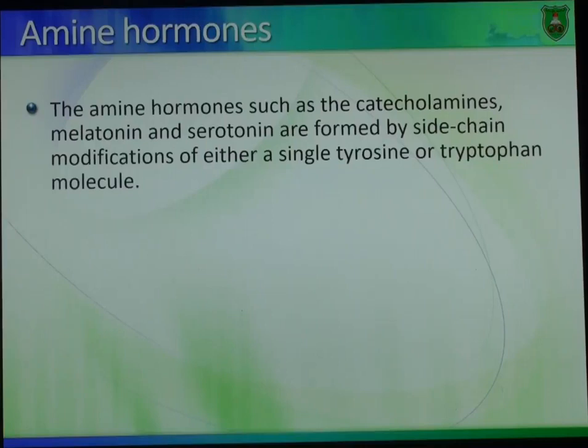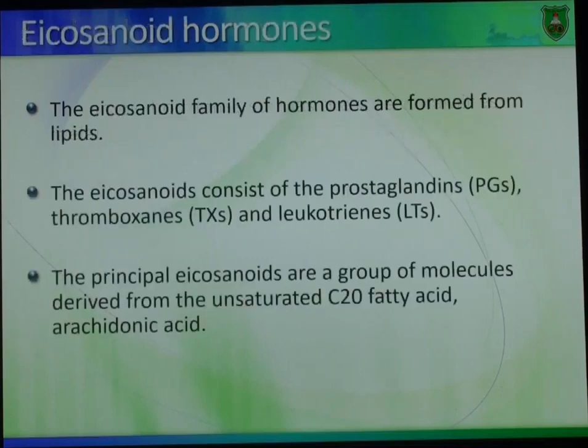The amine hormones, like the catecholamines, for example, are produced from amino acids like tyrosine and tryptophan. We will talk in more detail about these hormones in the CNS module. Eicosanoids, maybe we'll touch upon these at the end. These are all produced from arachidonic acid. You have then the production of the different eicosanoids: the prostaglandins, thromboxanes, and leukotrienes.